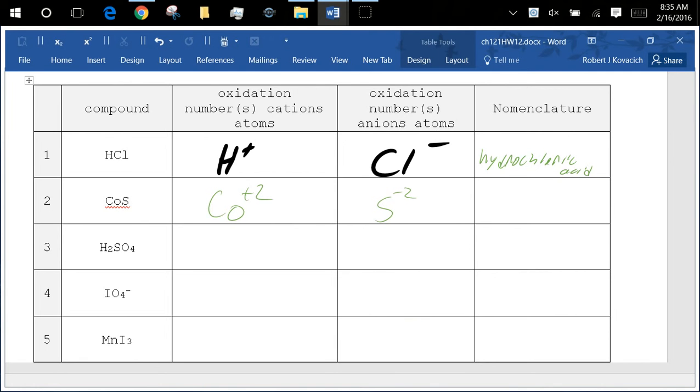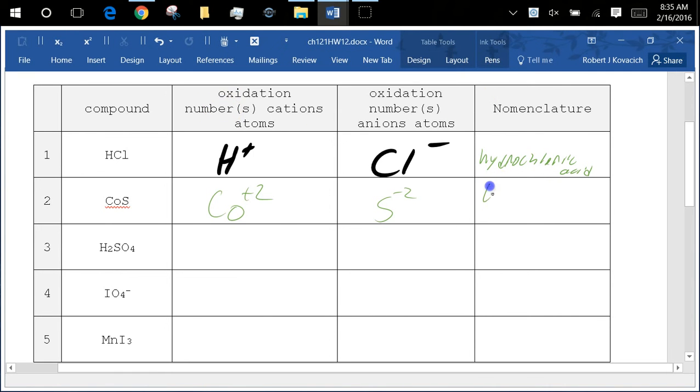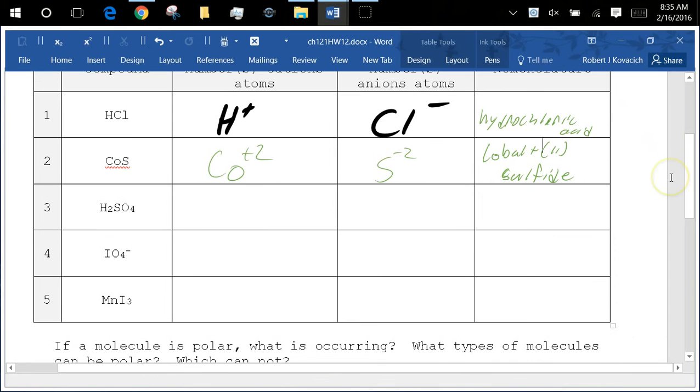All right, we'll see if that changes. Yay. We okay with cobalt 2 sulfide? All right, the next one?